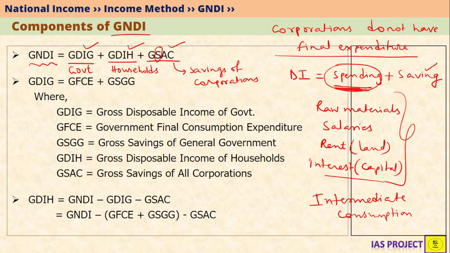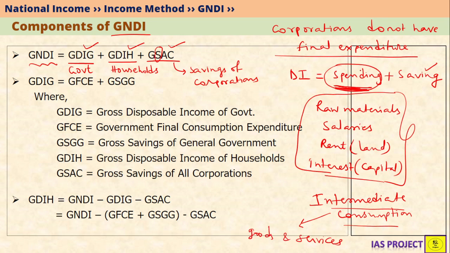So actually, they are not going to have any spending. They are only having intermediate consumption. This is not the final consumption. So corporations do not have any final spending or final consumption. They only have intermediate consumption, and using this intermediate consumption, they produce goods and services.